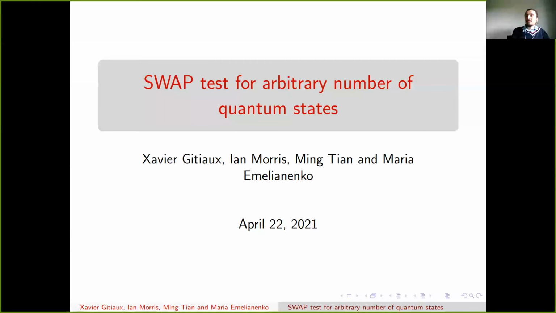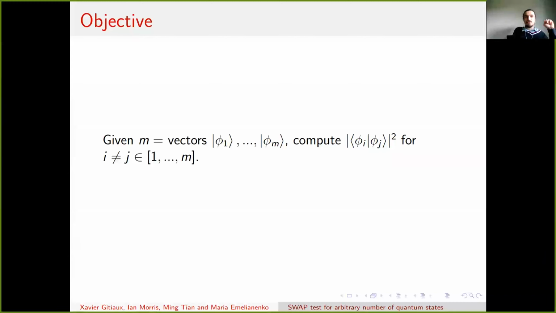So it's an interdisciplinary project, and the goal is to solve what looks like a very simple problem, but on a quantum machine, which makes it a little bit harder and more interesting. I'm going to convince you it's not so easy, and that it's an interesting problem. The idea is simple.